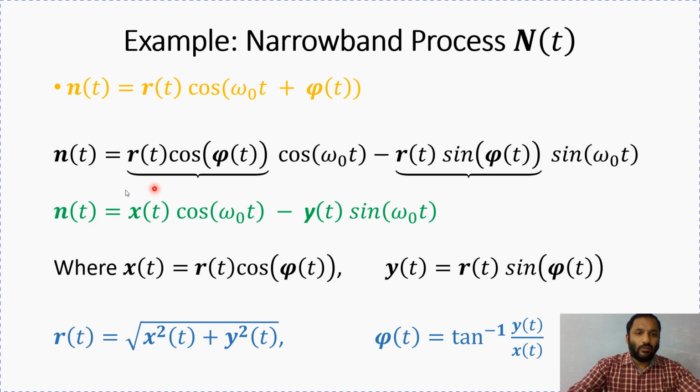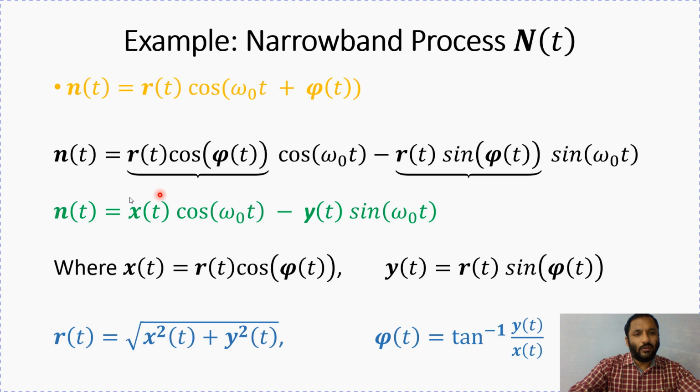That means, what will be the mean of x of t, y of t, what would be the mean square values of the process x of t? Similarly, what will be the mean square value of the process y of t, and how are these related with the mean square values of n of t? Then how are the autocorrelation functions related with each other?